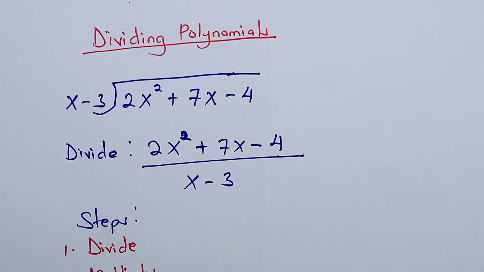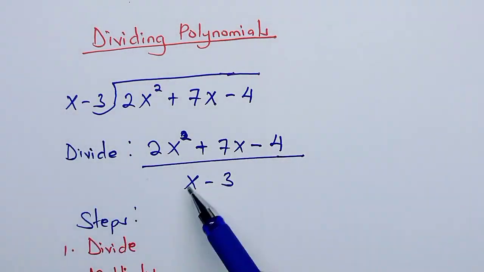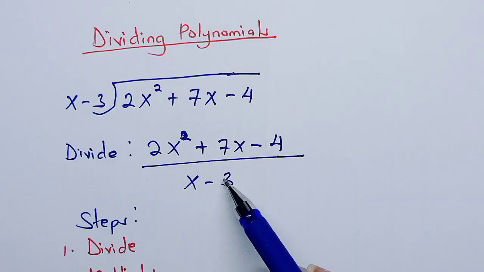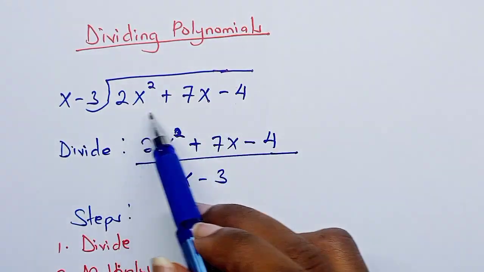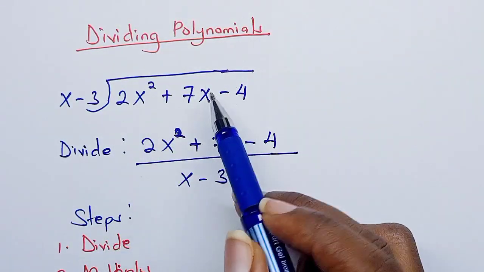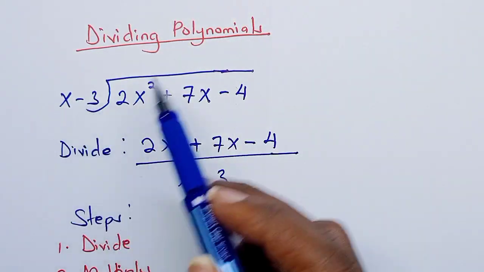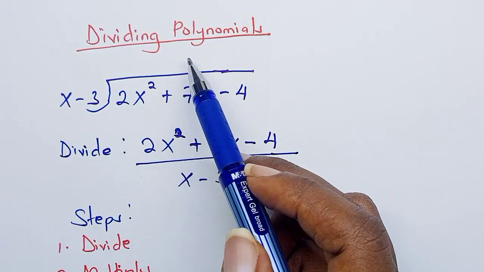Now, for long division, this one here is what we call the divisor. Then this one here is the quotient. What we are dividing is the quotient, which we put here. We put the divisor here. What we get is the solution.